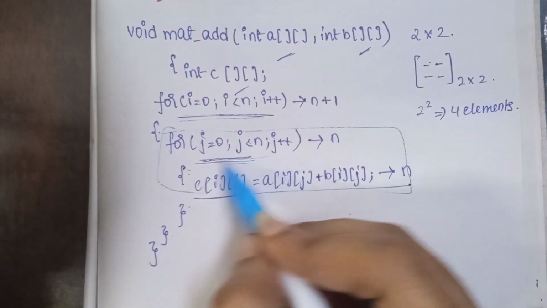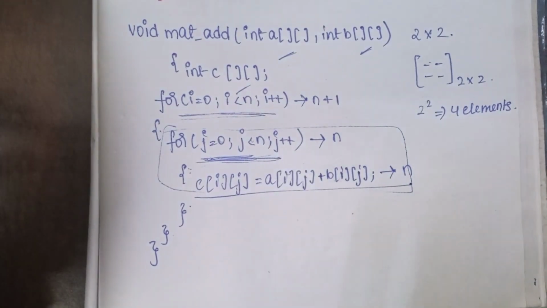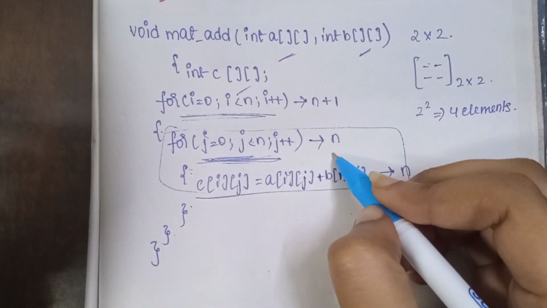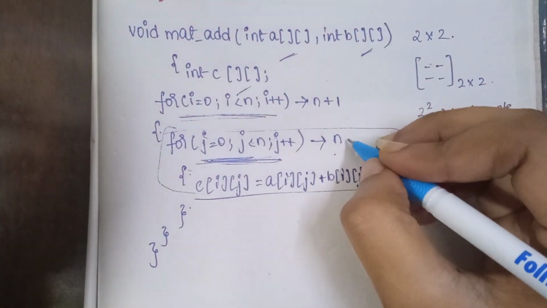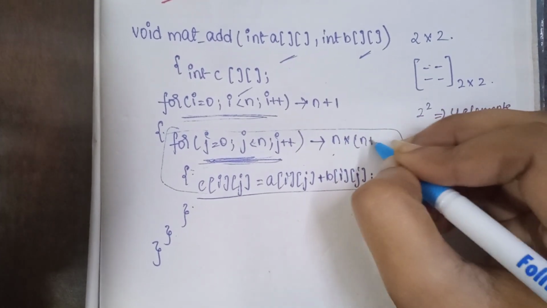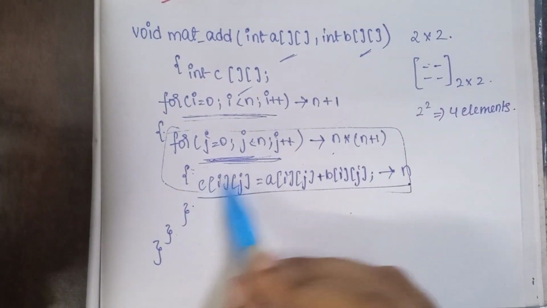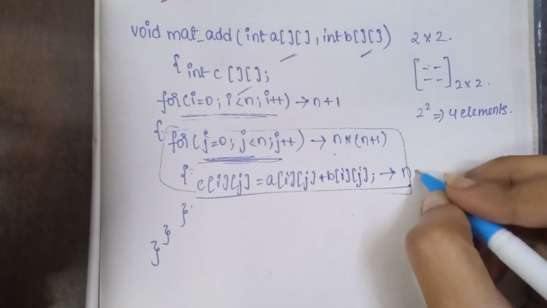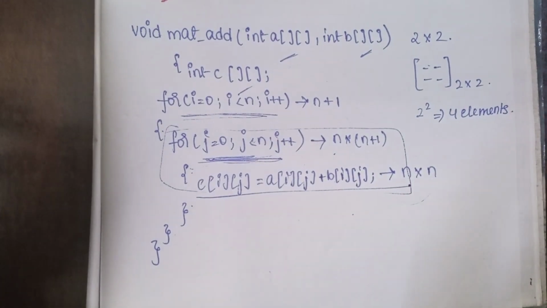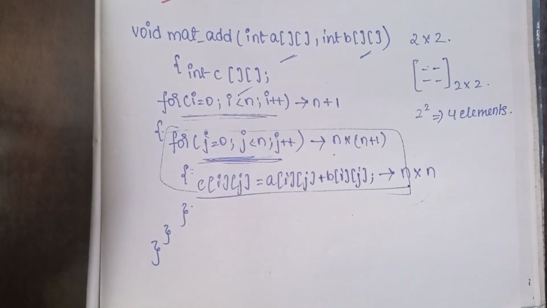So what will be the time complexity of the for loop? n+1. Already you are having n, then how you will write n+1? You should write n into n+1. Then what will be the body of this for loop? It will be n times. Okay, so how you need to calculate it now?